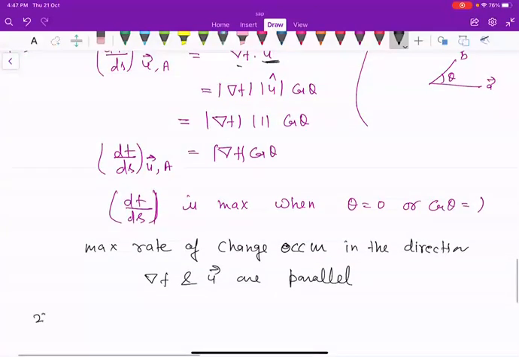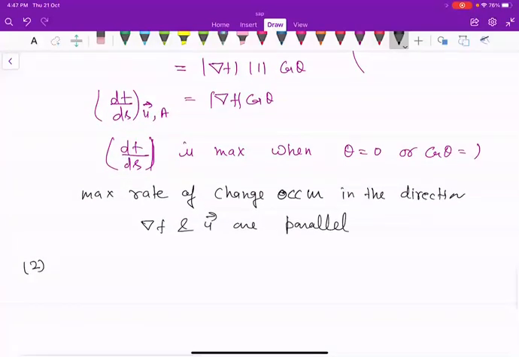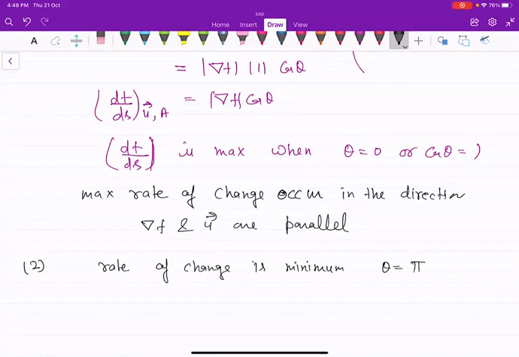When will it be minimum? Ma'am, opposite direction. The rate of change will be minimum whenever the angle is 180 degrees. Yes. So df ds, or we can say the rate of change, is minimum whenever theta equals 180 degrees or pi.